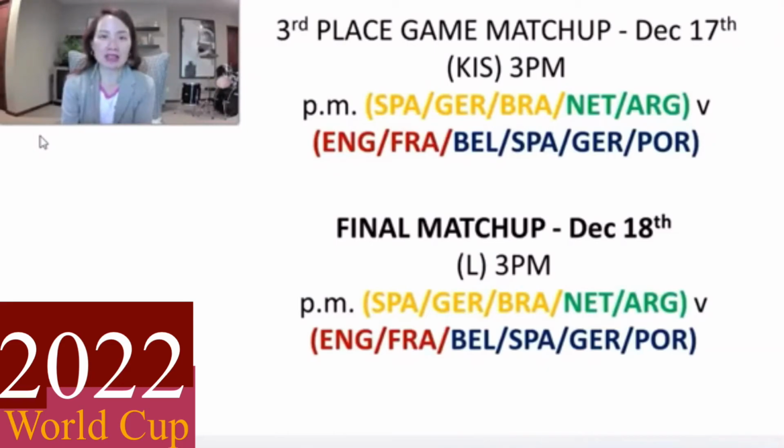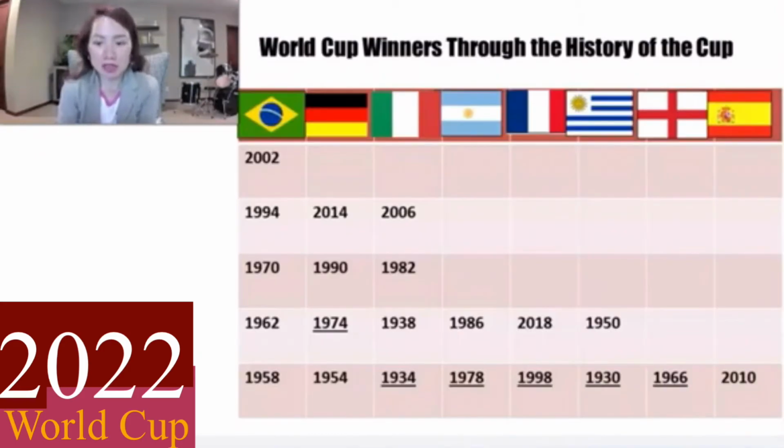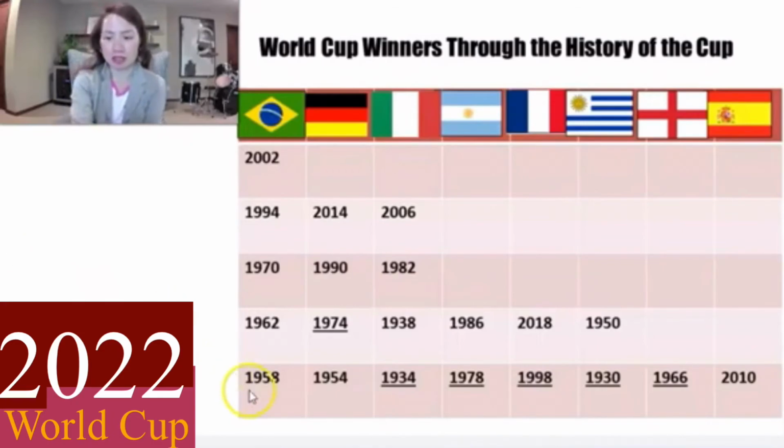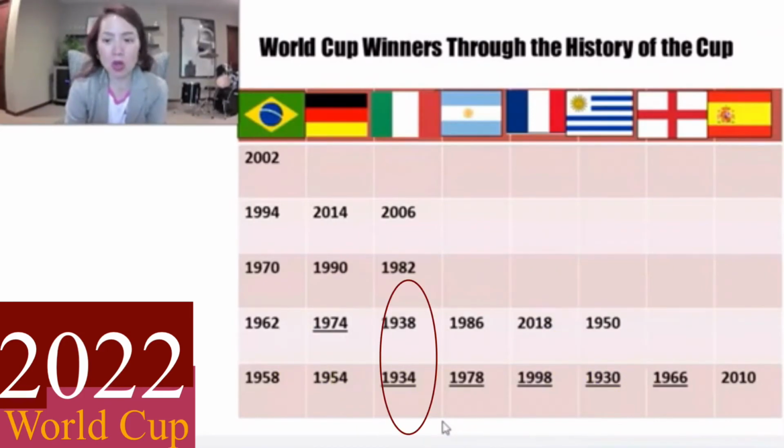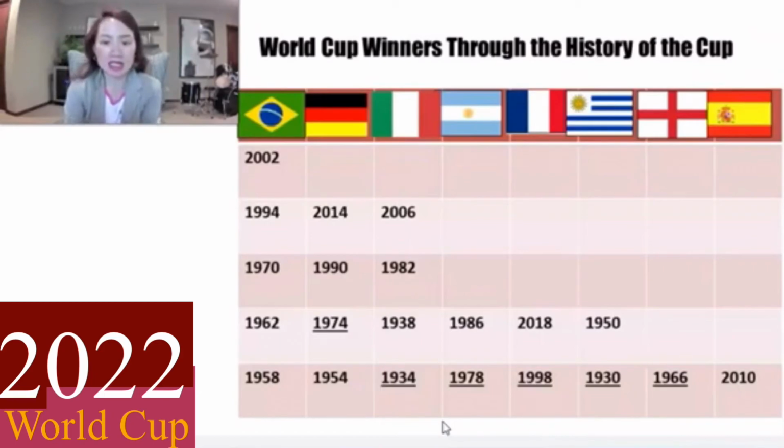And I might have to lean a little bit towards England just because France just won it last time. There have only been two repeated winners: Italy in 1934 and 1938, and Brazil in 1958 and 1962.